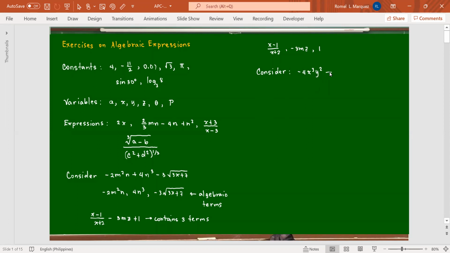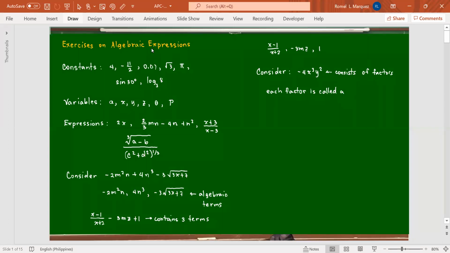So it consists of what? Factors, no? Consists of factors. Okay? So each factor is called a coefficient of the other remaining factors.